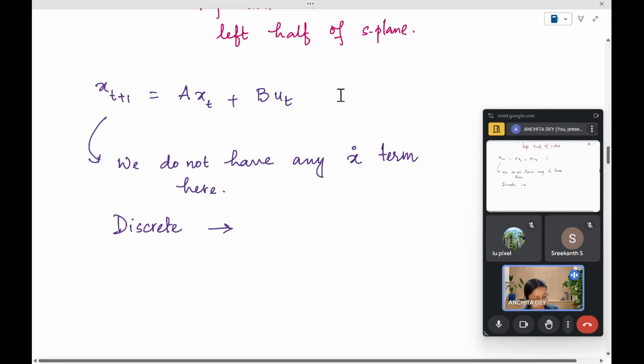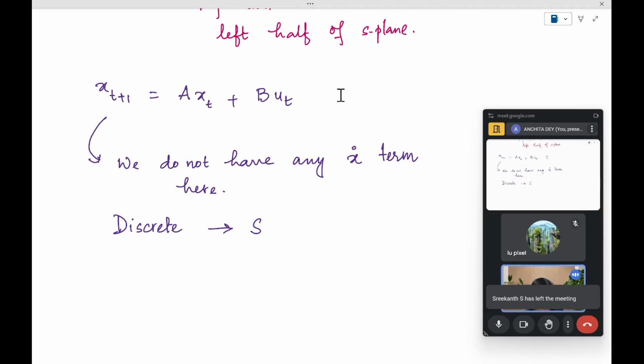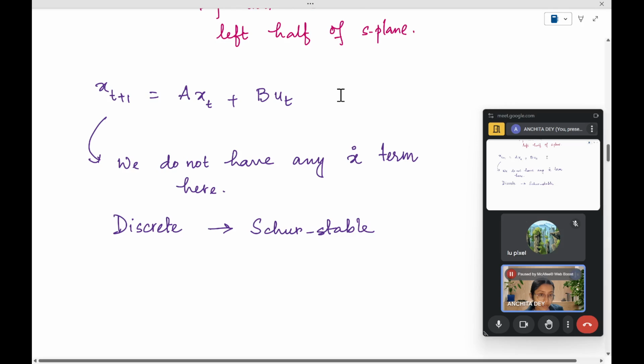Right. So for discrete, instead of this Hurwitz thing, we just say that A is Schur stable. Schur stable means the same thing except that now you are in discrete. If you recall, when we do the analysis in the discrete time setting, we go to the Z domain instead of the S domain.